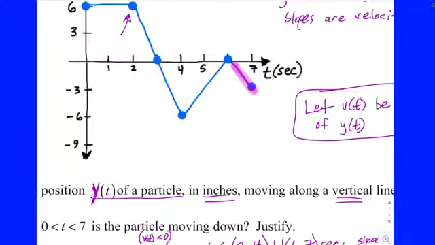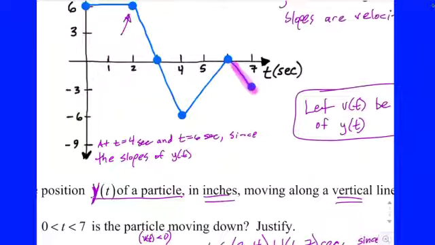So let's go ahead and say at t equals 4 seconds and t equals 6 seconds, comma, since, you can still answer them in the same question, since the slopes of v of t, the slopes of y of t change from, and we'll just kind of go from left to right. We listed the 4 first.